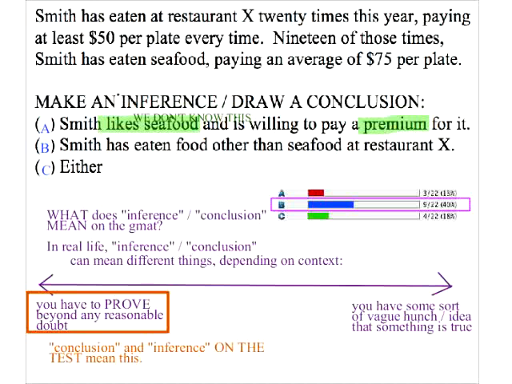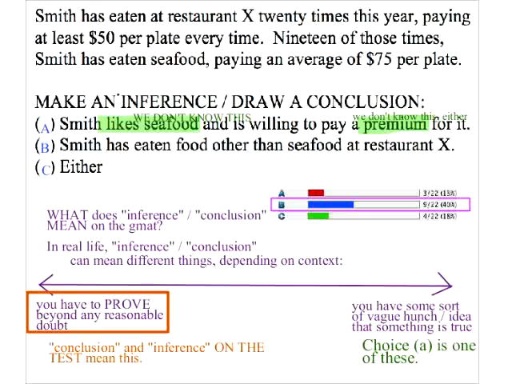Seafood is 75, but that still allows cases where other food costs even more. So we don't know this either. So choice A is this kind of thing on the right of our spectrum here, where it's just a vague hunch. Choice A is one of these.